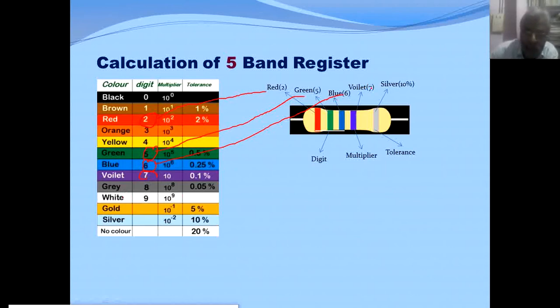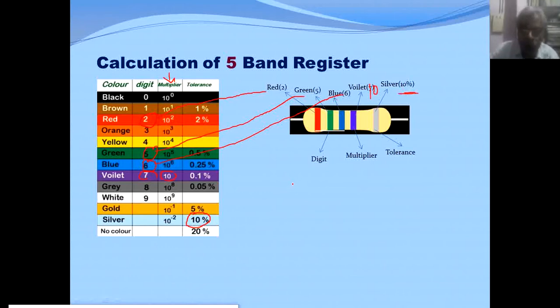This fourth is the multiplier, so we will use the value for violet, that is 10. This value must be 10, and the last one is tolerance, and the color of this last is silver, so the tolerance is 10%. So this 10% is shown here.